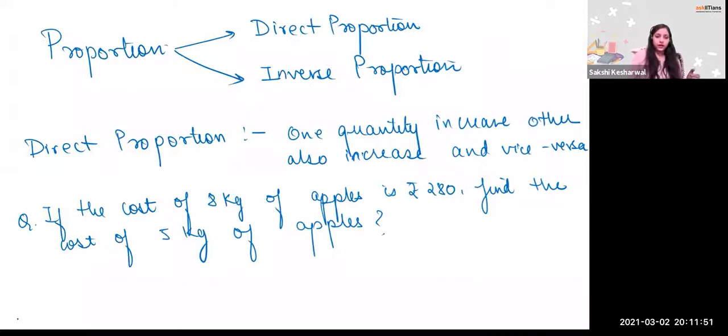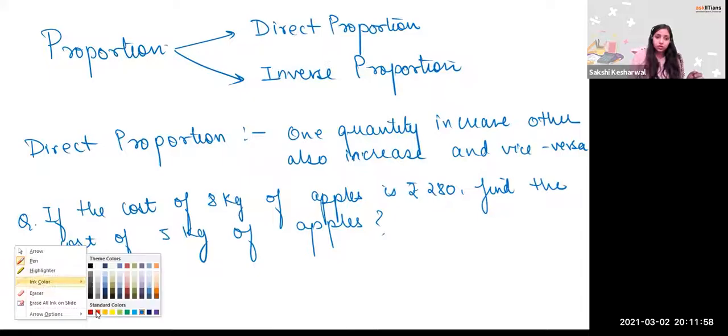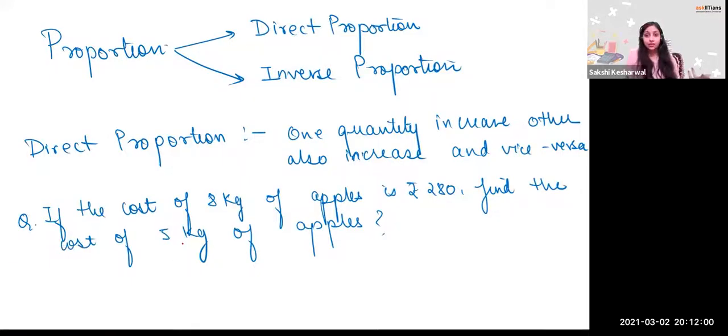You just see that if the things are in direct proportion, the ratios are also equal. So basically direct proportions are what we have been doing till now, that is A by B is equal to C by D. So can I say that kg upon kg is equal to rupees upon rupees?